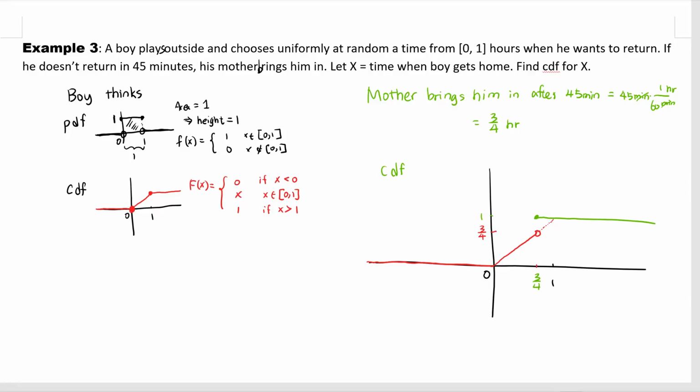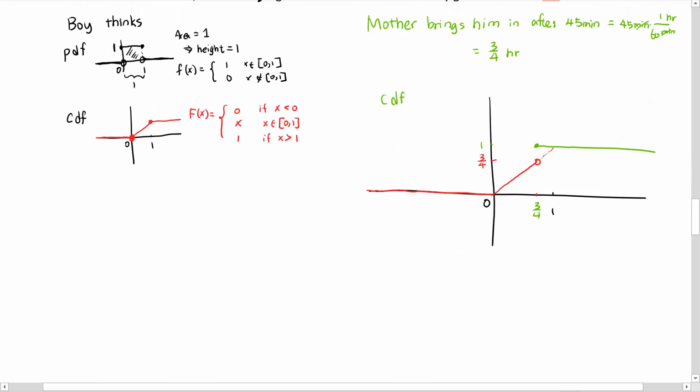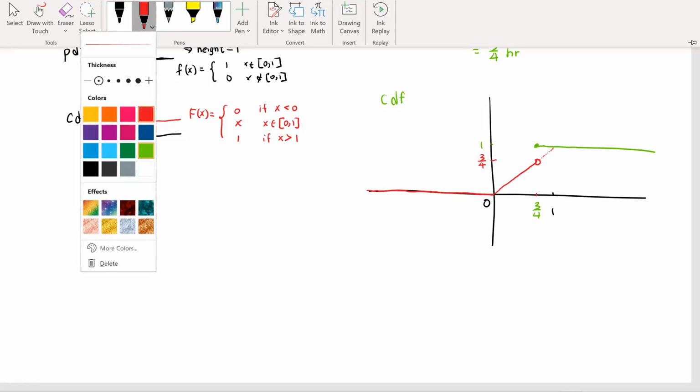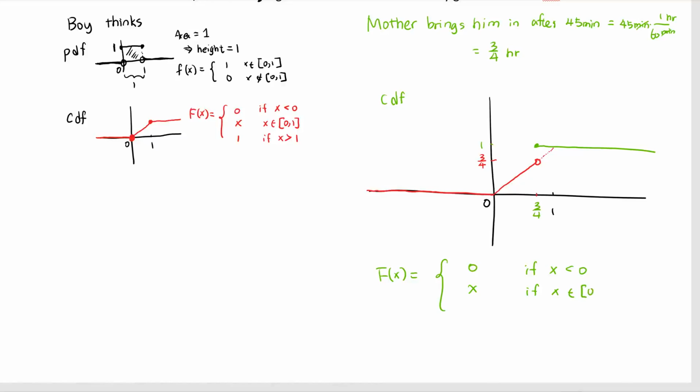All right. So now what is this? Let's draw it. Let me use the green color. So f of x is 0 if x is less than 0, and it is equal to x if x is between 0 and 3 over 4, not including the 3 over 4.